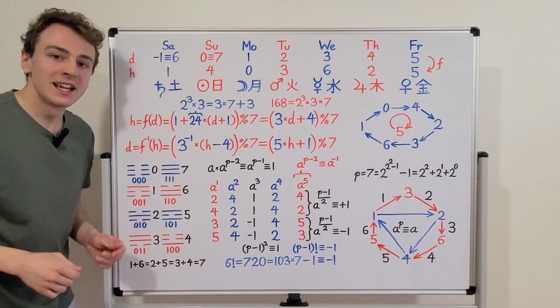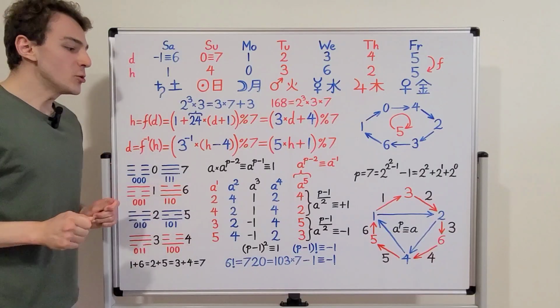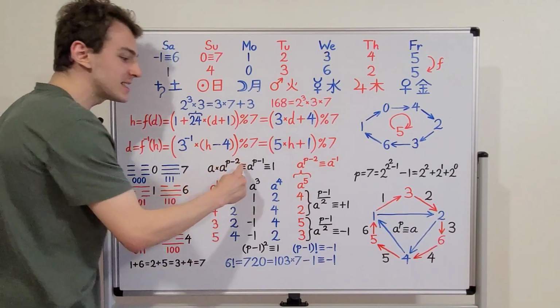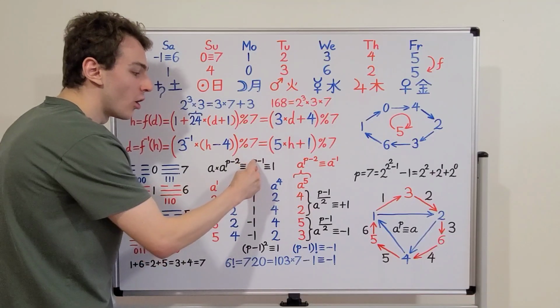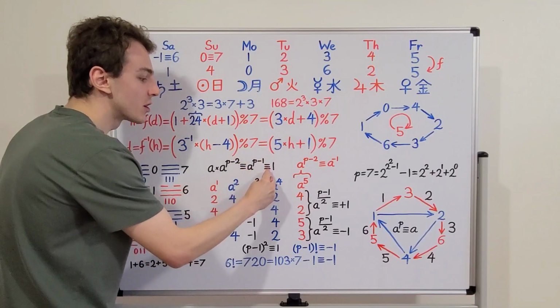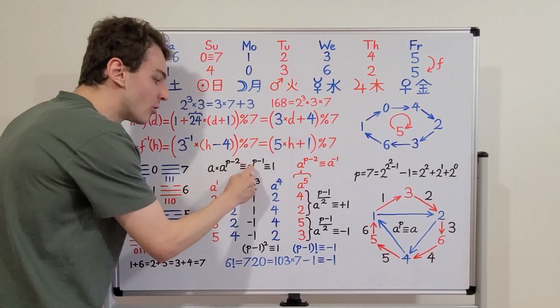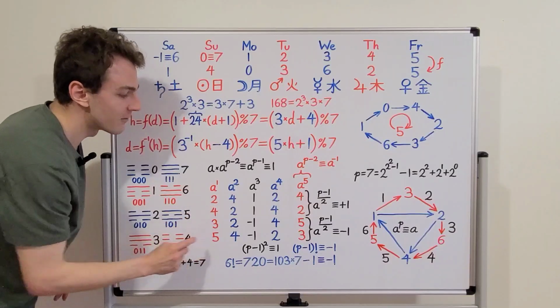Now we want to find the multiplicative inverses. We can use Fermat's little theorem to help us. So Fermat's little theorem states that a to the power of p minus 1 is congruent to 1 mod p. And a over here is a placeholder for these values, 2, 4, 3, and 5.